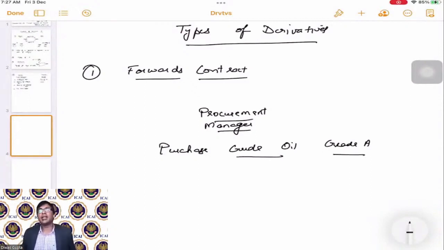But the condition here is that you don't need that crude oil today, because as on today, you have sufficient quantities with you. You need this crude oil after 6 months, because as per the forecast, till 6 months you have sufficient stocks, basis which your production can happen. And hence, as a procurement manager, you don't need to buy anything up to 6 months.